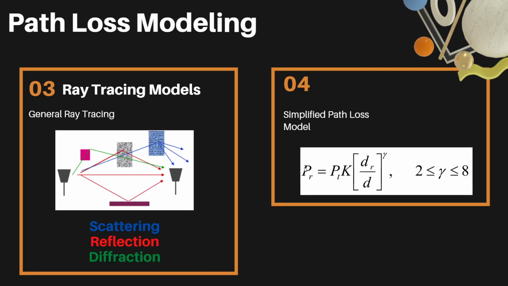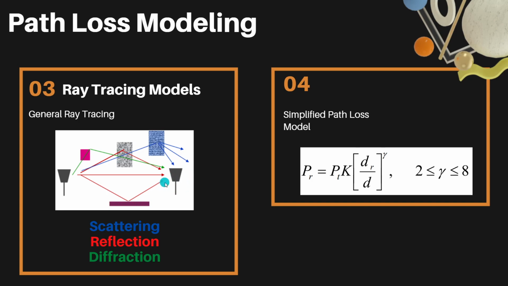Okay, let's move on to the next part, which is the ray tracing model, or general ray tracing. Basically, it takes into account reflection, scattering, and diffraction phenomena. From the figure, due to many reflections or refractions, the receiving side may receive many signals.